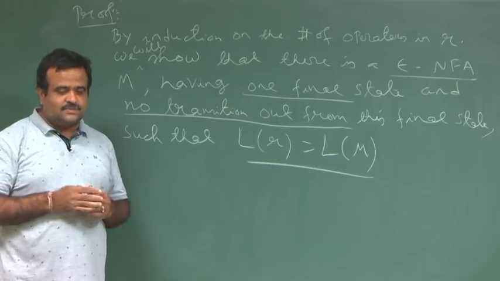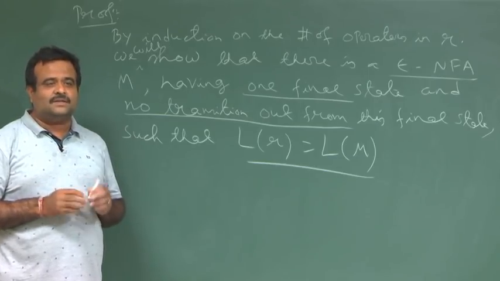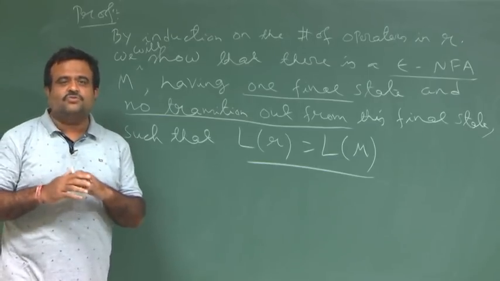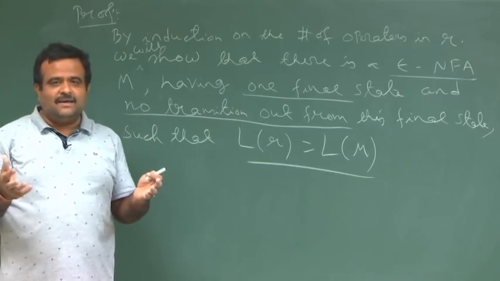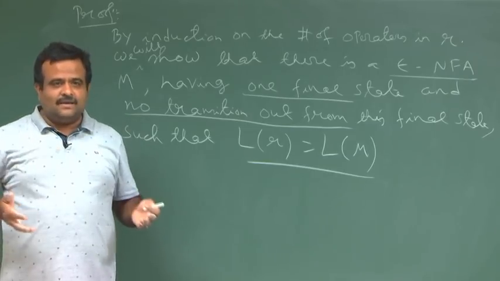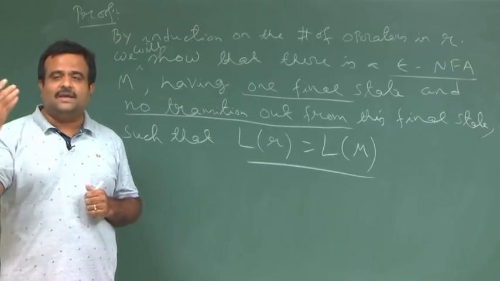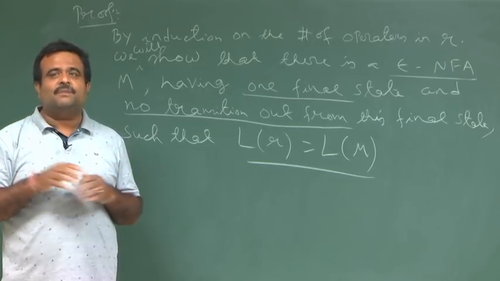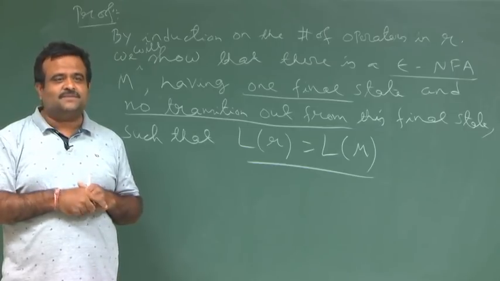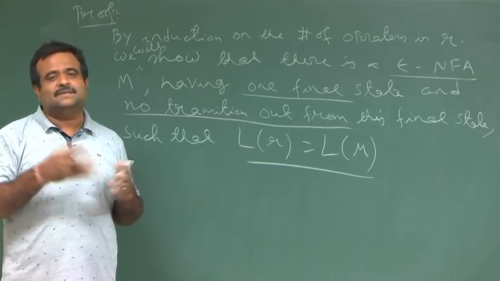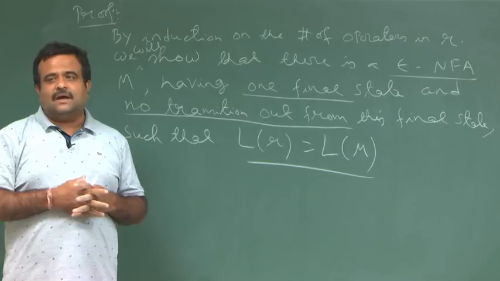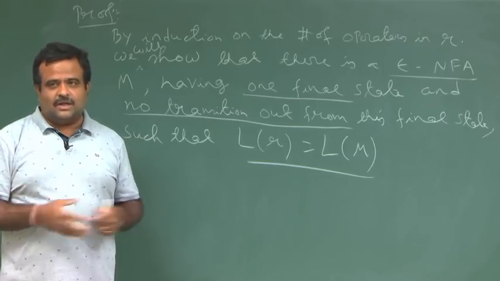Since this proof is by induction, we need to assume this is true for some i up to i minus 1, then we have to prove this is true for i, and also we have a base case. Base case means it should be true for i equal to 0 or i equal to 1, we start with.